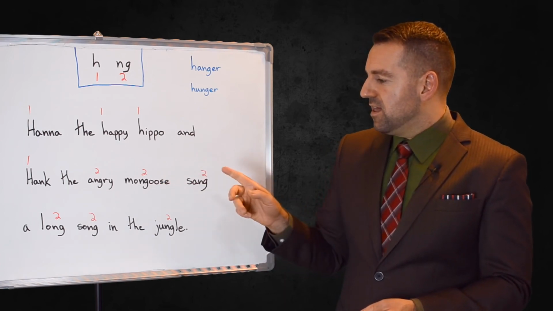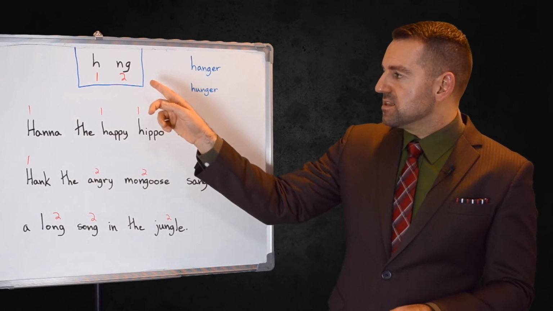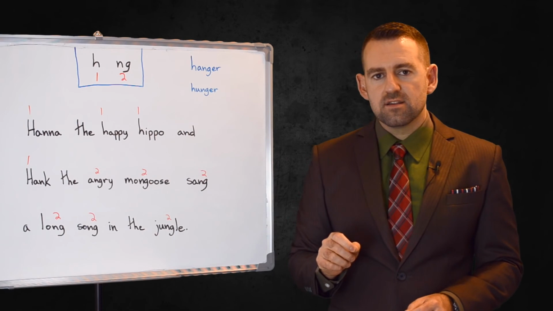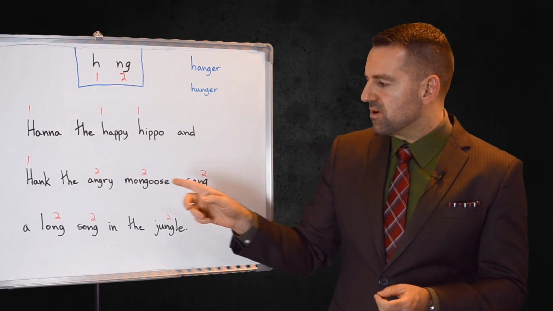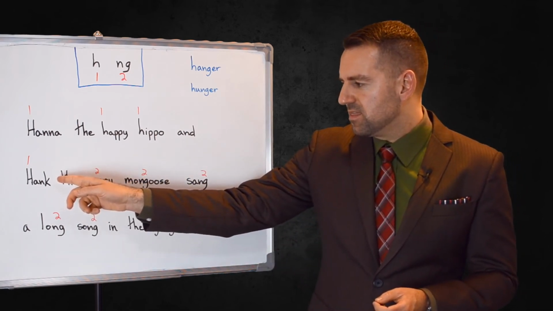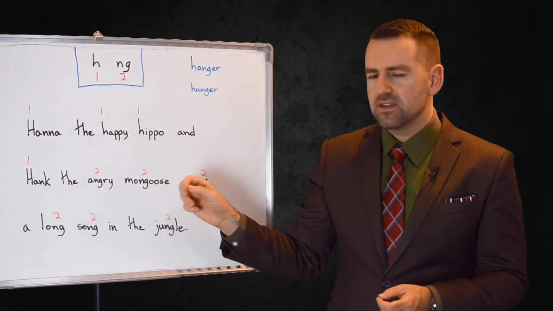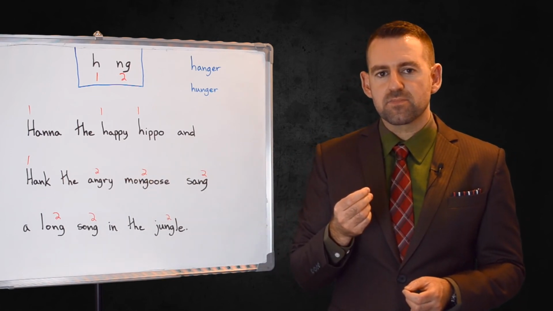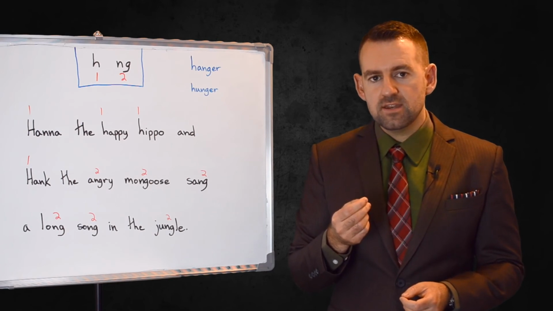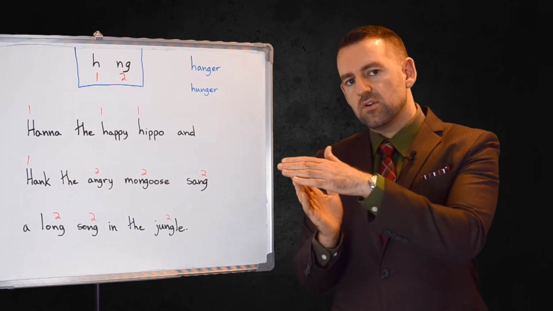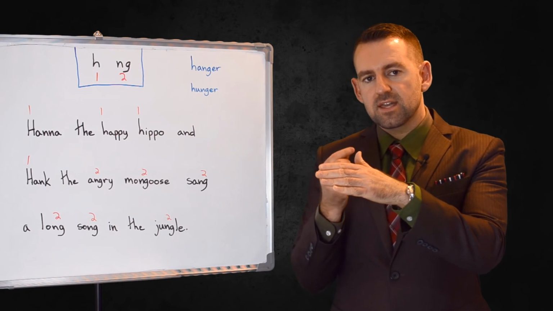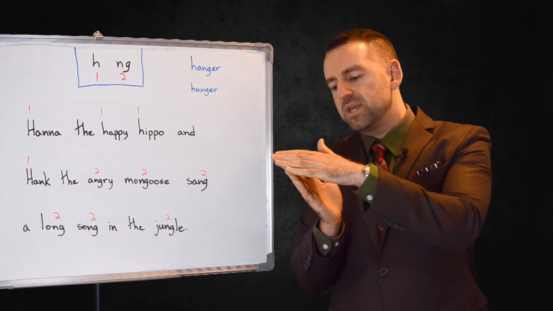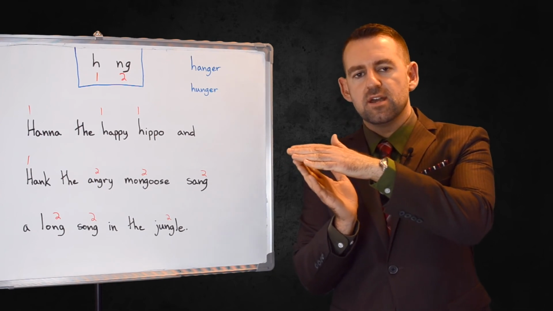Okay, so when the sound n comes before a k or before a g, then it usually changes to the sound ng. Okay, so from n to ng. So the sound n is made by putting the tip of your tongue behind your front teeth.